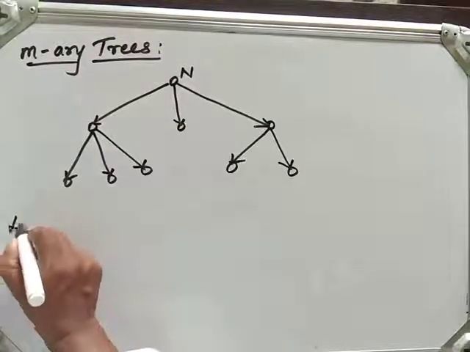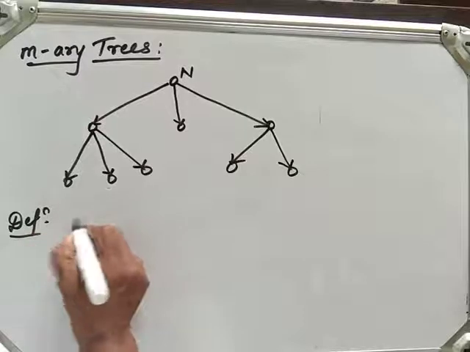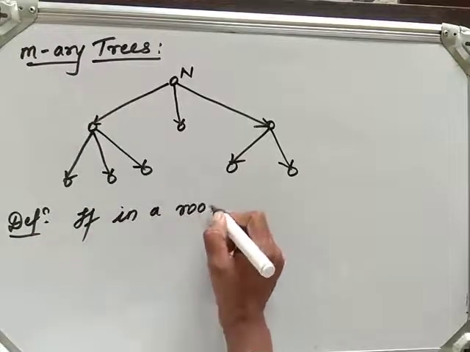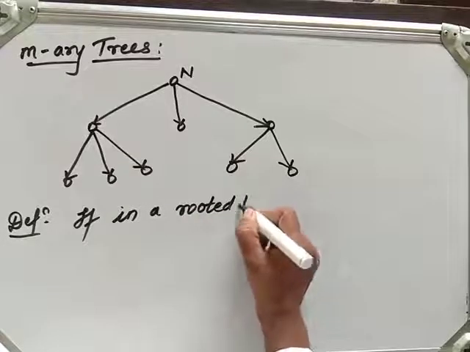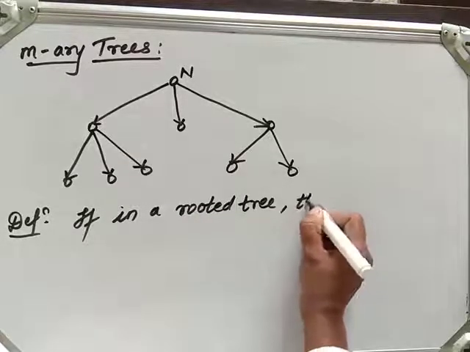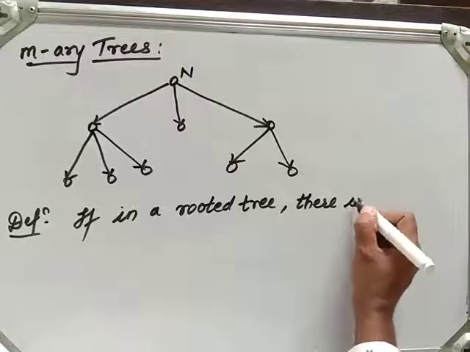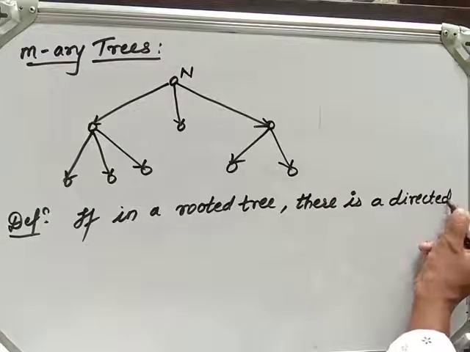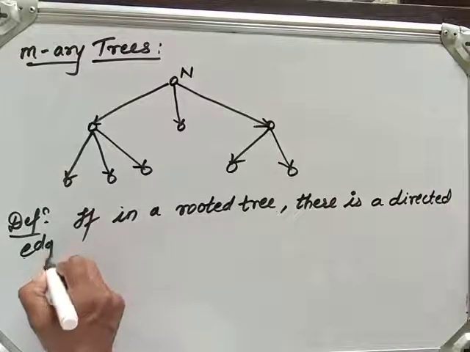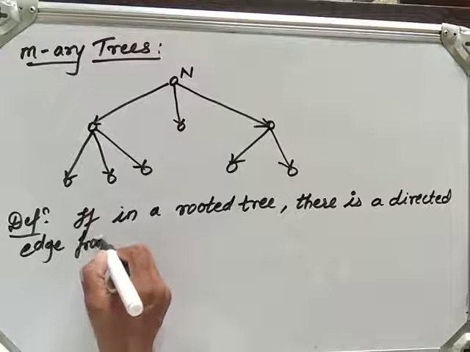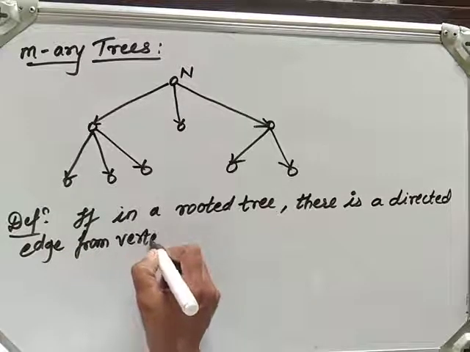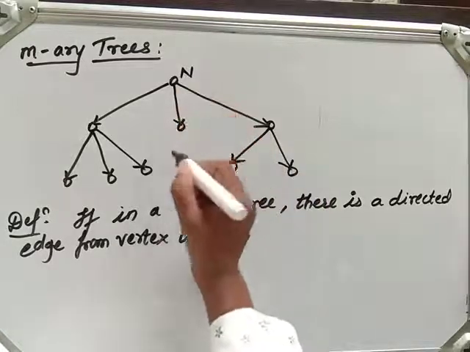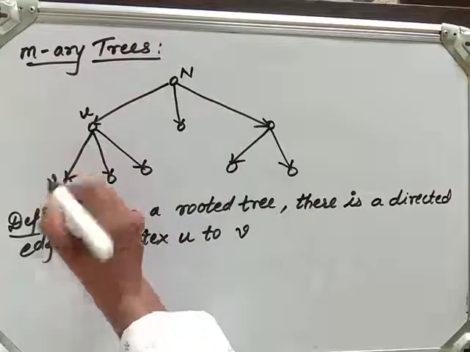Now the definition of this: if in a rooted tree there is a directed edge from vertex u to, suppose this is v.